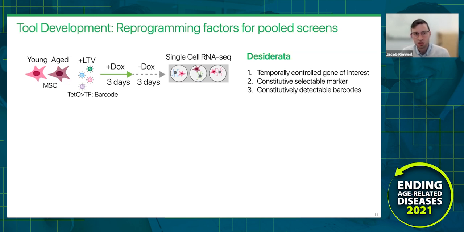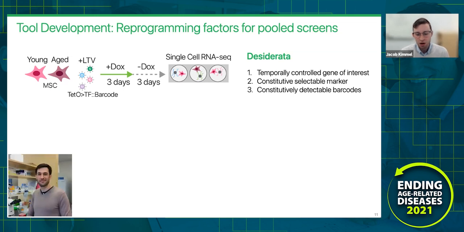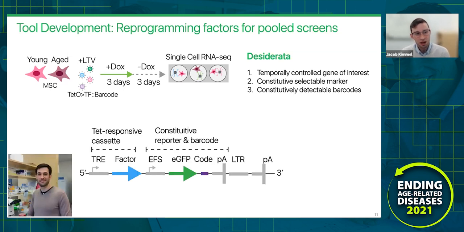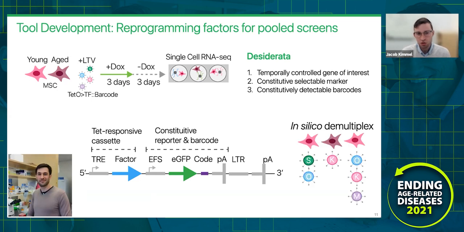And each of these challenges was solved by a colleague of mine, Antoine Rao, who helped develop this molecular biology tool where we have this responsive cassette that we can use to induce factors, while at the same time having barcodes and constitutive reporters that we can read out by single-cell RNA sequencing. And what this allows us to do is in silico, again, when we collect this data, we can demultiplex and actually see the results of many possible experiments, where here we're testing different possible combinations that all occurred within the same well in a really nicely controlled way.